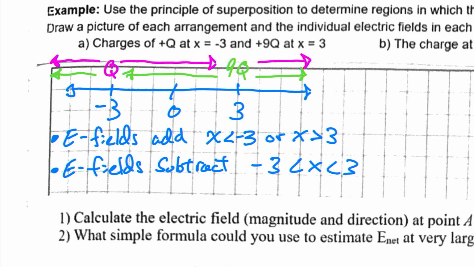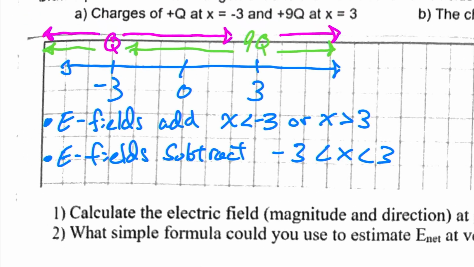and +3. And if we think about the magnitudes of the fields, when we're closer to a charge, we have a bigger field. When we're farther away, we have a smaller field. So if we were right in the middle, the field from 9Q would be bigger because we're at the same distance.